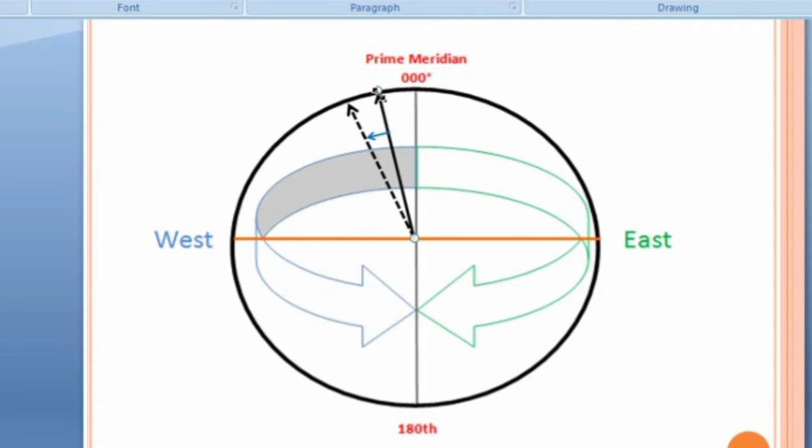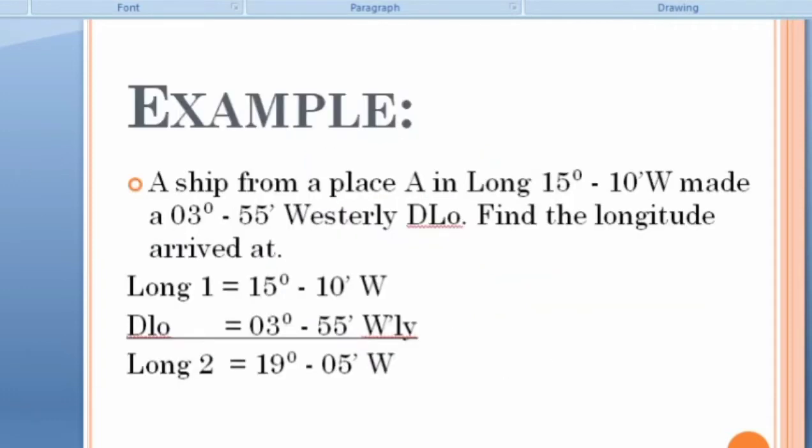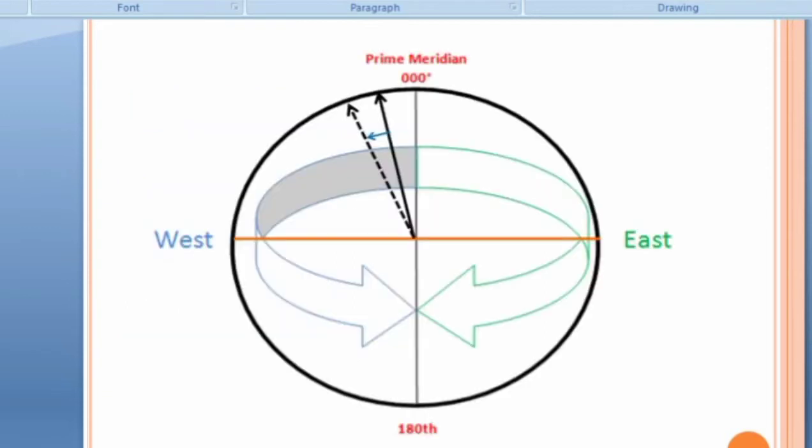Let's assume. And then we have the difference of longitude, which is how much? We have 3 degrees 55 minutes westerly. Since westerly, we are using the blue arrow here to indicate the direction of westerly, which is the counterclockwise direction.